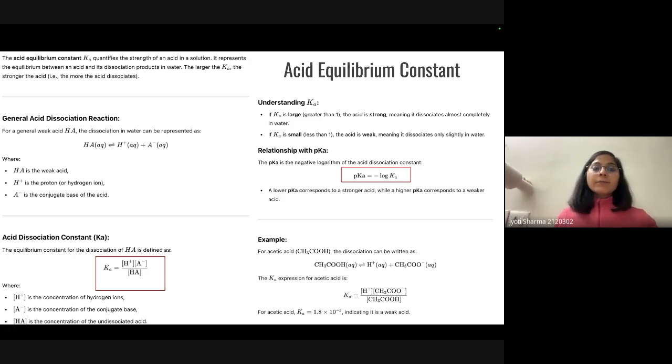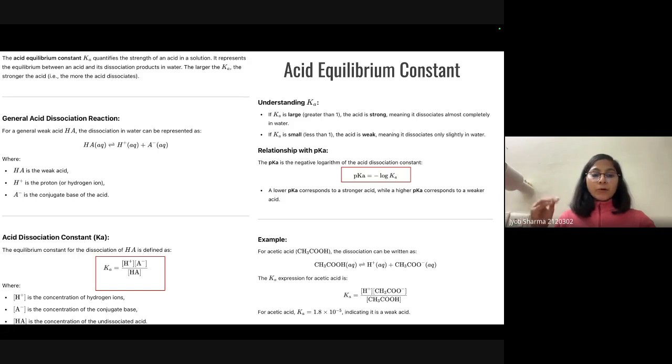As I told you in the very initial stage, whenever we have 100% ionization, or more dissociation of that compound into ions, that will give you higher acidity or higher basicity. So from here you can tell, if the K value is more, it means you have more ions in comparison to the compound.